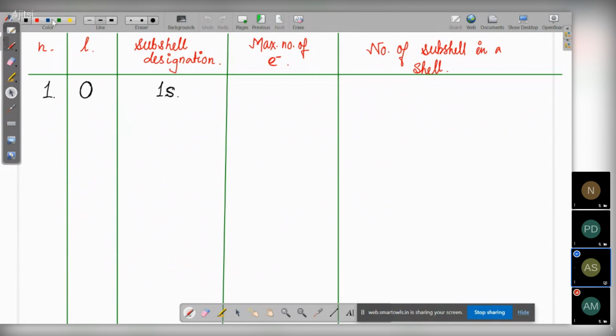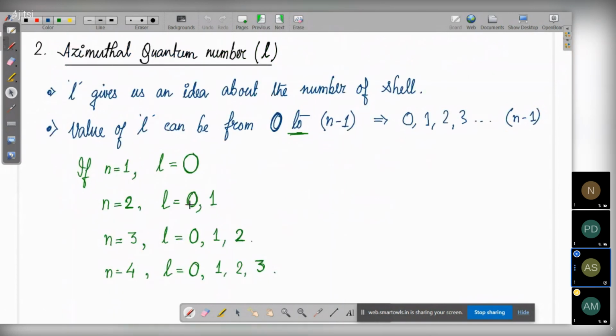Now what is the maximum number of electrons in this subshell? Let's calculate the formula later, and do the rest first. Suppose now n is equal to 2. Then the possible values of l are 0 and 1.